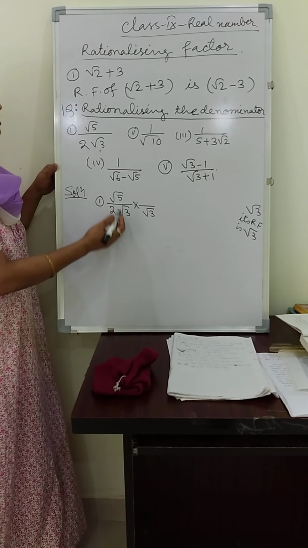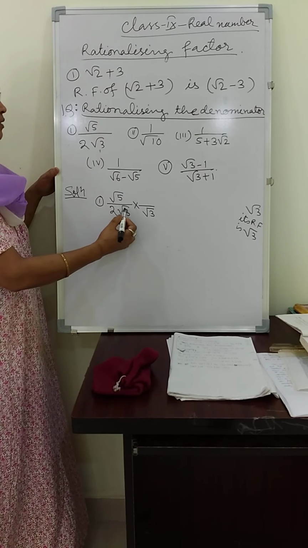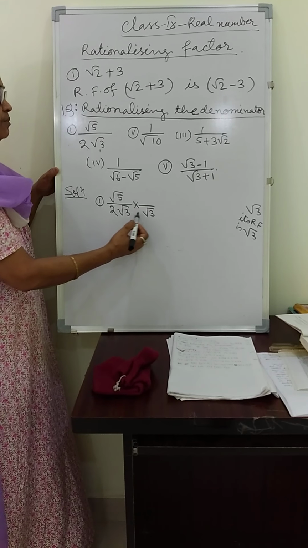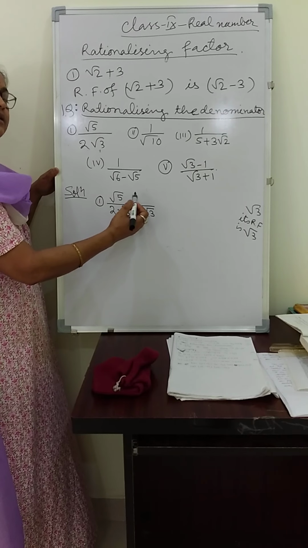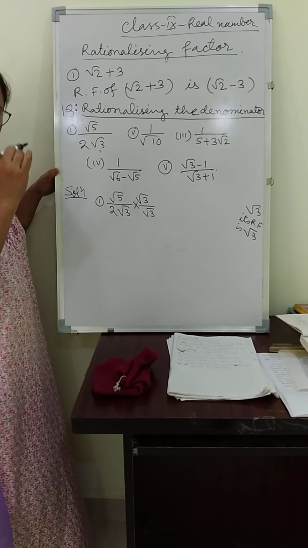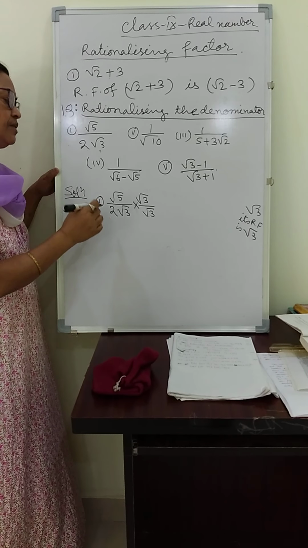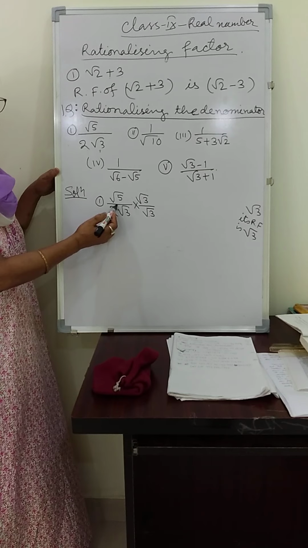But in the case of a fraction, to get the same value, whenever we multiply the denominator by any number, we always multiply the numerator by the same number. Why? Because this and this cancel to give only 1. If any number is multiplied by 1, then there is no change in the value.